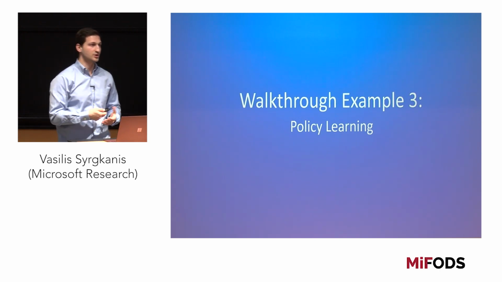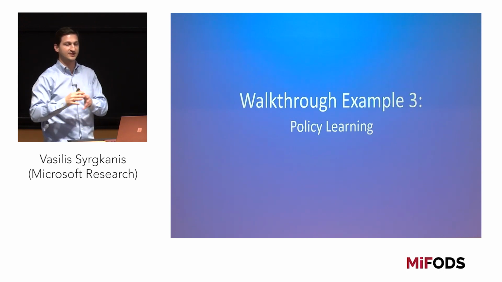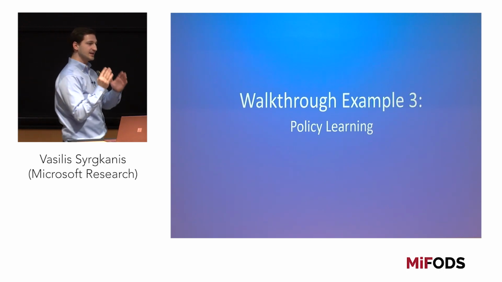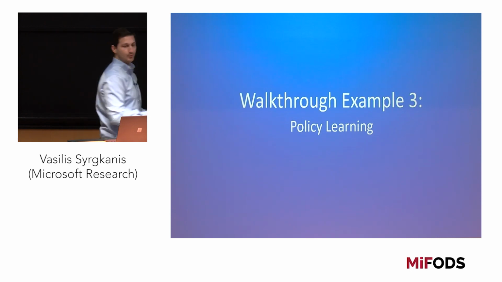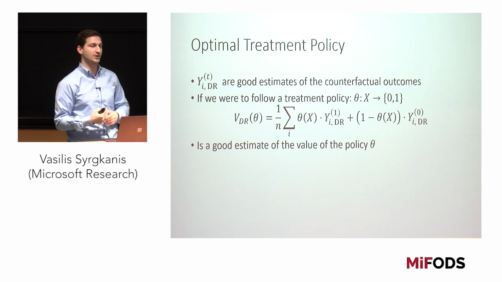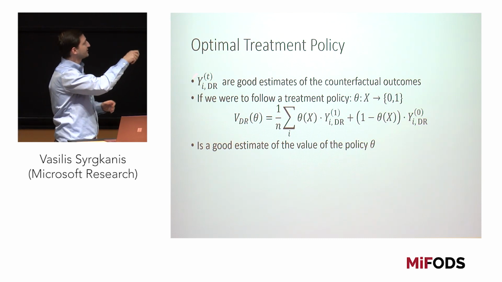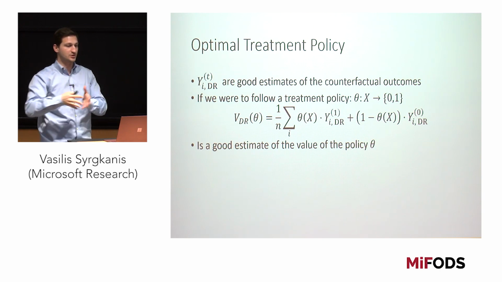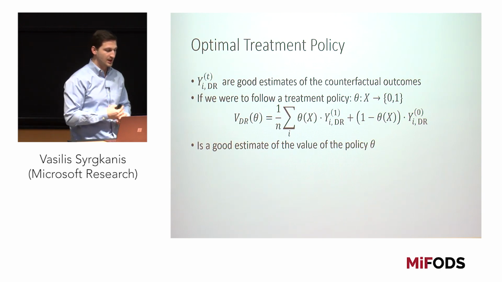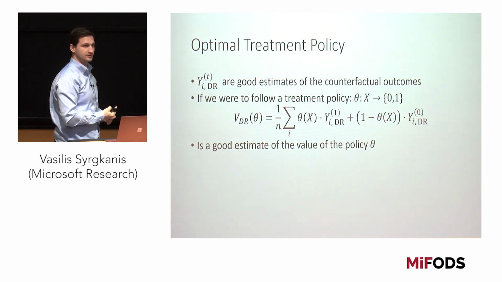So if this is all that you want to do, many times you can bypass the whole modeling step and bypass estimating the actual heterogeneous effect and directly target this policy problem, right? And here's how you can do it using this sort of doubly robust idea from the previous slides. Because we know that these doubly robust estimates are good estimates of the counterfactual outcome, we can now write a good estimate of what would be the value of any treatment policy.